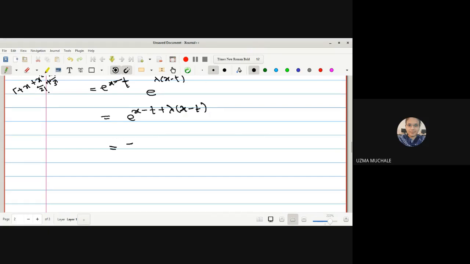So we can take e raised to (x minus t) common, and we remain with 1 plus lambda. So we get the value of R of x,t,lambda, that is the resolvent kernel. In the case of K of x,t equal to e raised to x minus t, we get the resolvent kernel as e raised to (1 plus lambda) into (x minus t). Okay.